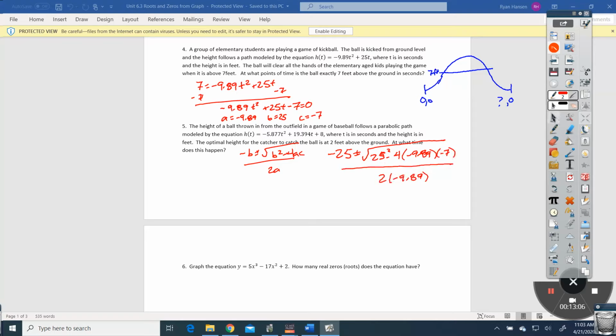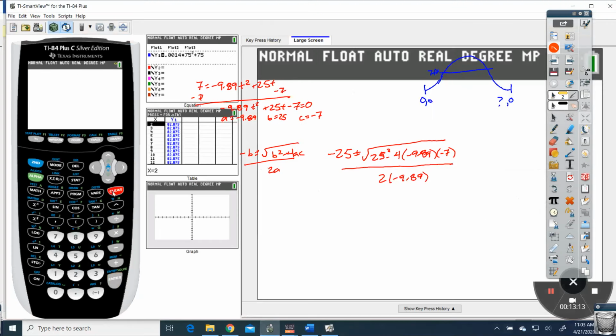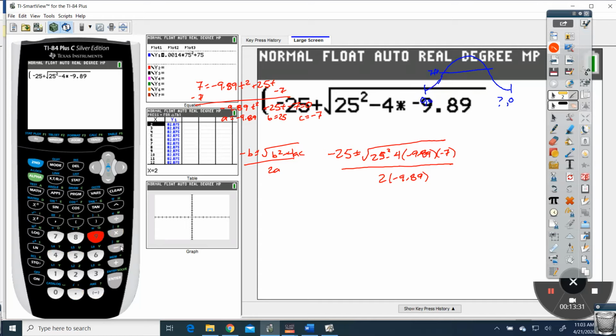So now I just go right to my calculator. So I'm going to have parentheses. I'm going to do all of the top in one parentheses. Negative 25 plus second square root of 25 squared minus 4 times negative 9.89 times negative 7.